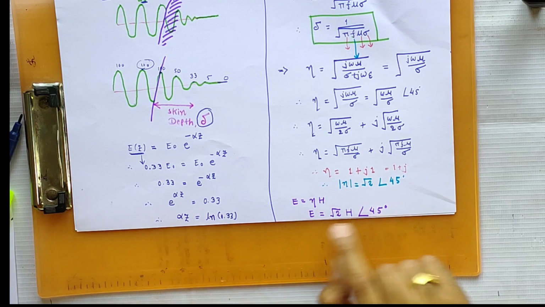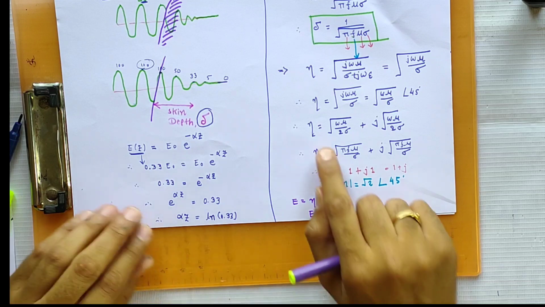So there is a phase difference between E and H due to the intrinsic impedance.